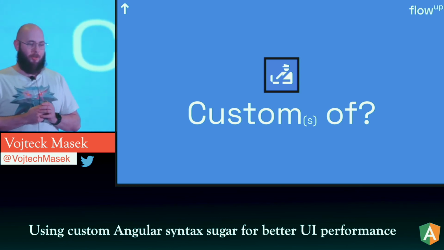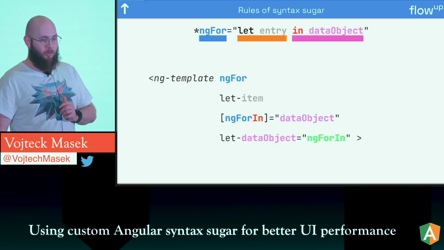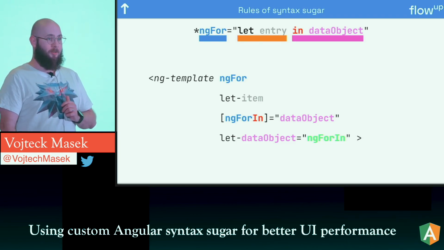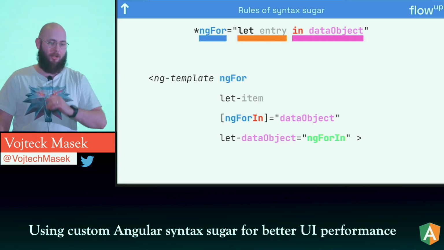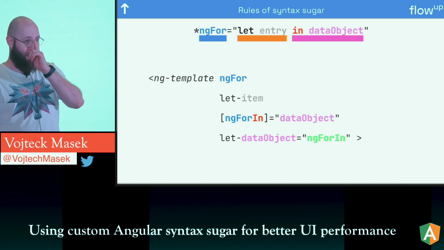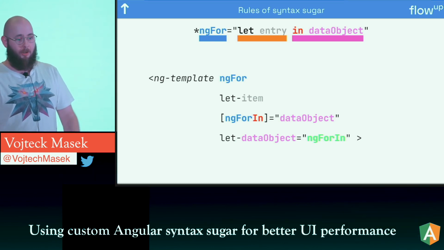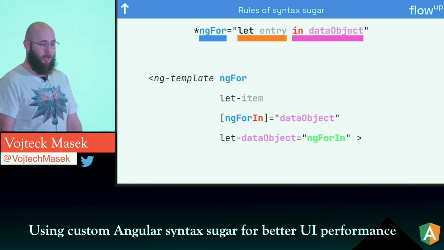I alone didn't know that this is the case and that this works. So you can create something like this. It's an ngFor implementation where you do let entry in dataObject. Notice the in. We are not writing of, we are iterating over the keys or over the entries, as you can probably guess from the naming.